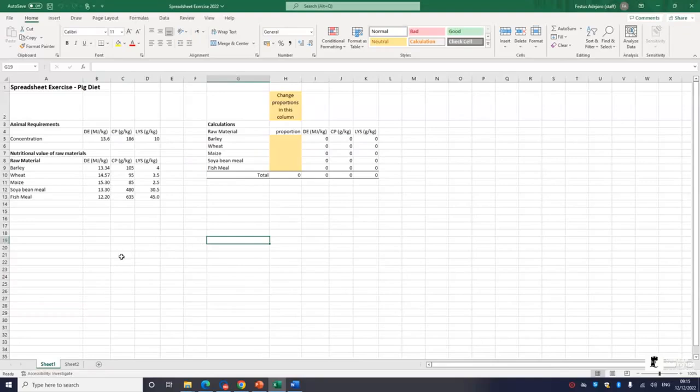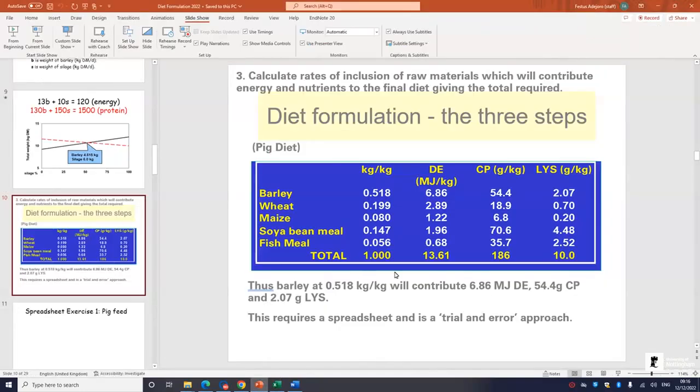Okay. In this particular example, we are working on a pig diet.